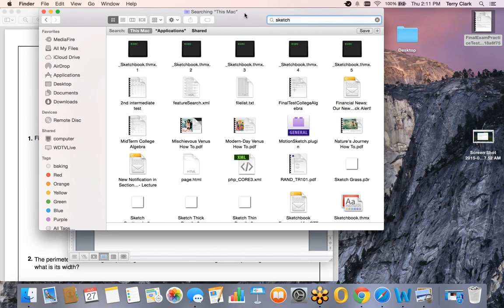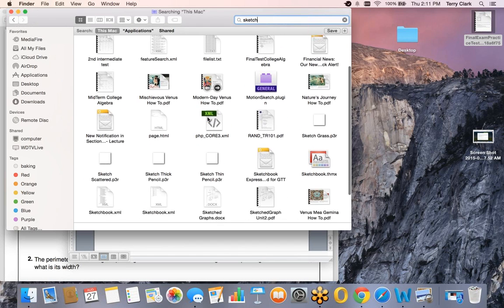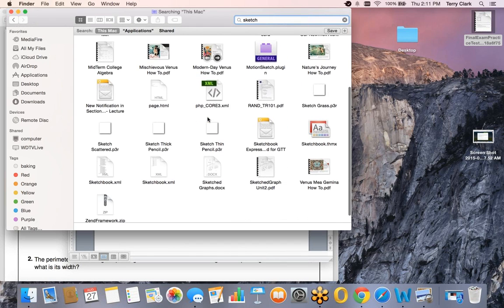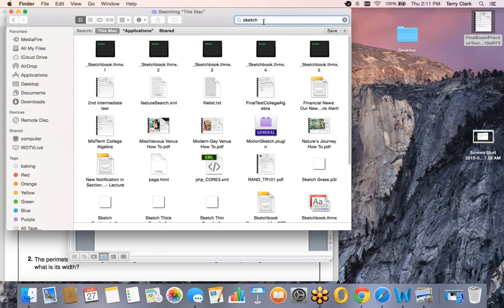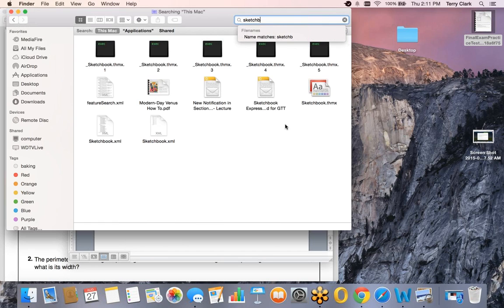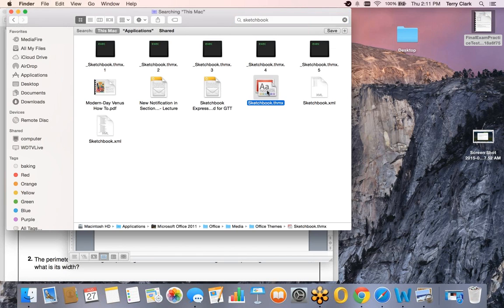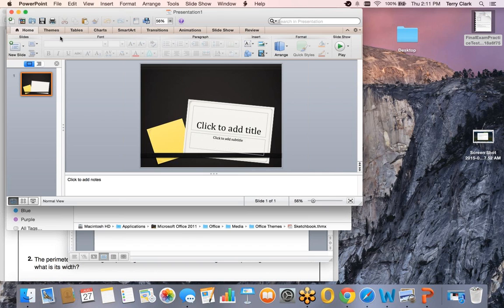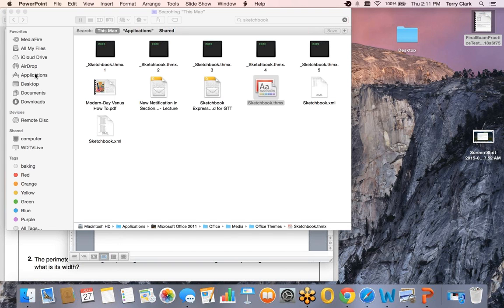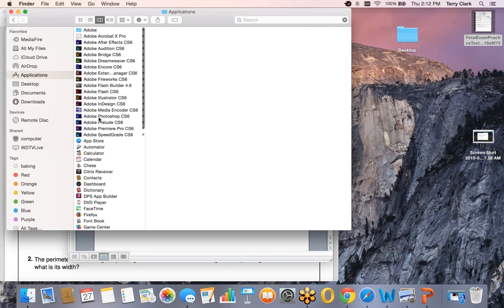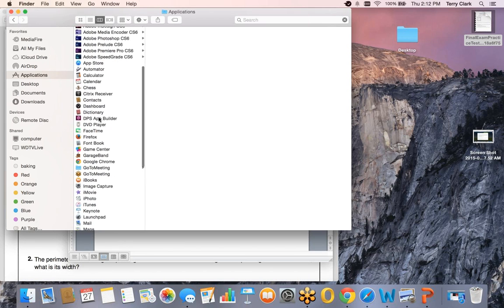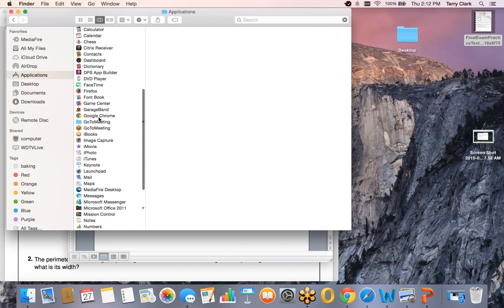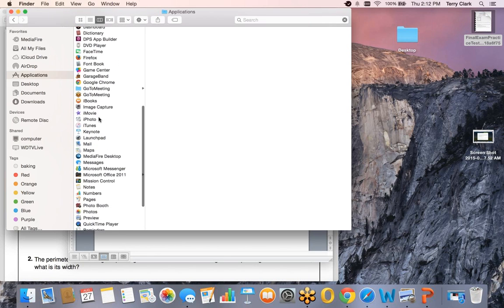Sketchbook. I don't seem to see it. No, that's not gonna do it. I need something that will allow me to draw. I had Sketchpad in here once upon a time. I need something that's gonna help me draw.